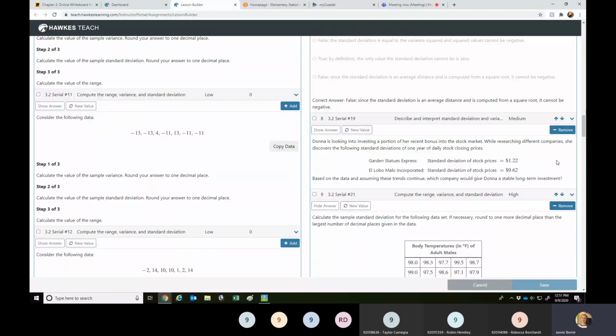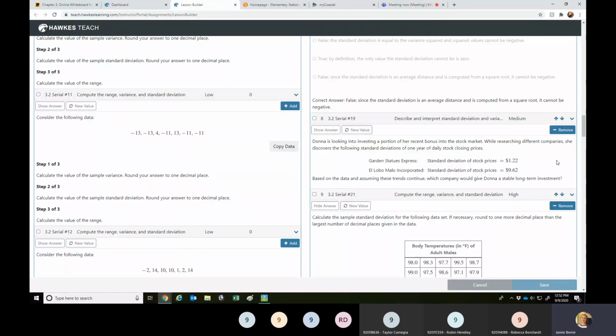Garden Statues Express had a standard deviation of $1.22, and El Lobo Malo, Incorporated, had a standard deviation of $9.62.